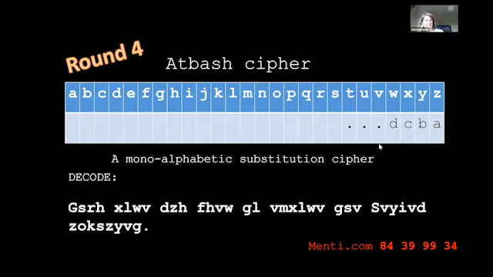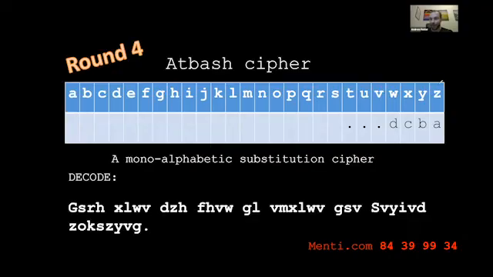One thing I always wonder about this one is, when you're encoding or decoding, how do you know whether you're going from top to bottom or bottom to top? Well, it's interesting for this particular cipher. It actually doesn't matter whether you're decoding or encoding, because they're both the same thing.